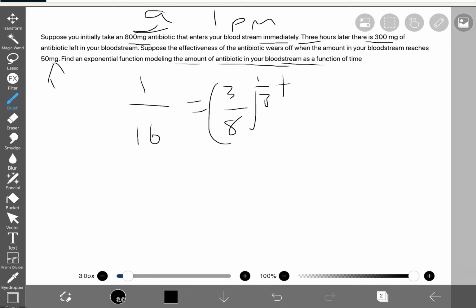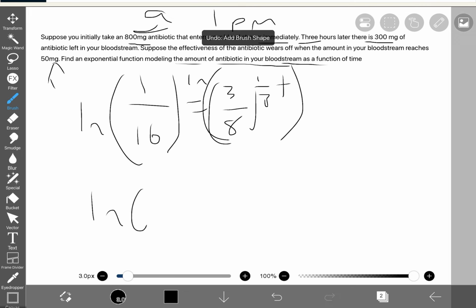And how this is going to work is we're going to take the natural log of this, and then take natural log of that. Once you do that, you get ln of 1 over 16 is equal to 1/3 t.